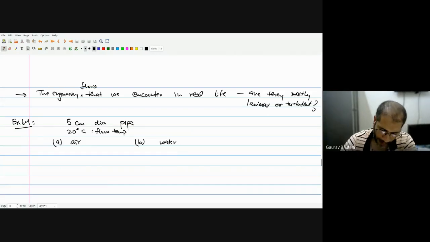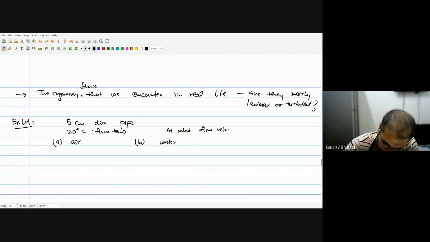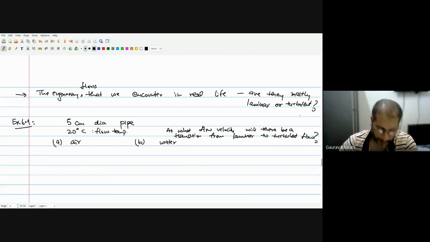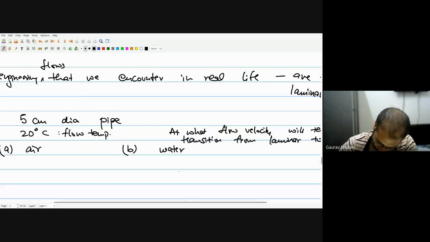Right. So what we have to find out is at what flow velocity will there be a transition from laminar to turbulent flow. Let me increase the font size.